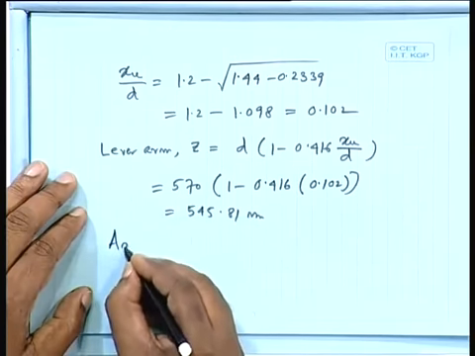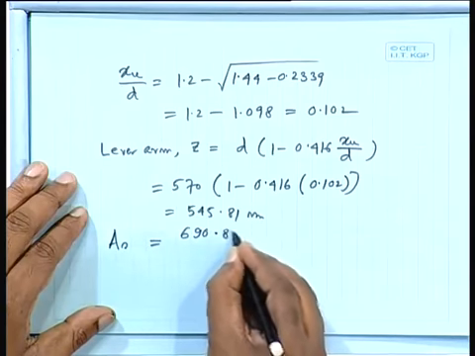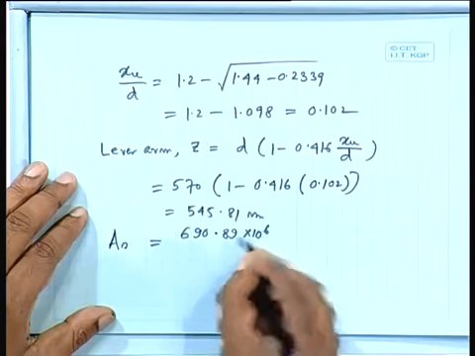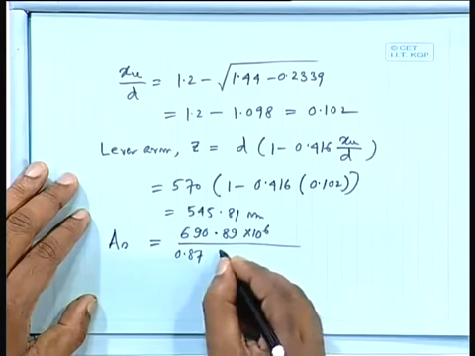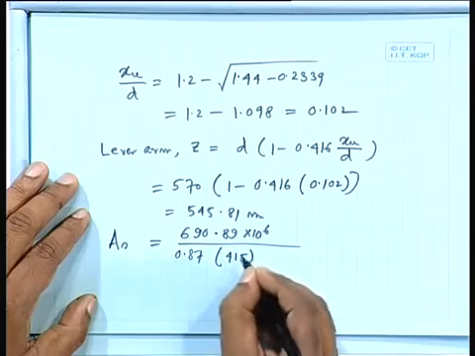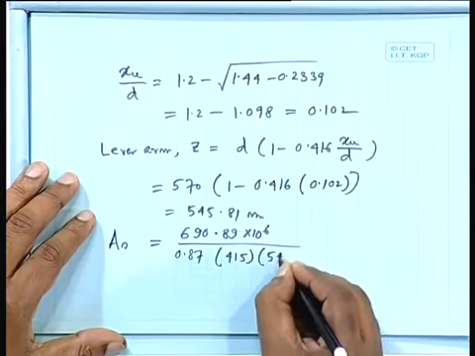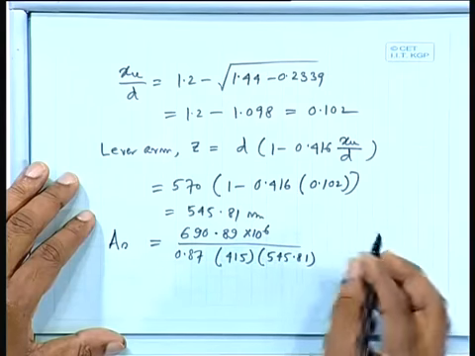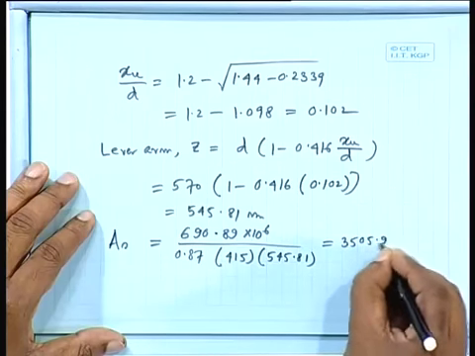Area of steel due to moment is 690.89 into 10 to the power 6 divided by 0.87 times 415, that is Fy, times the lever arm 545.81, which comes as 3505.9.